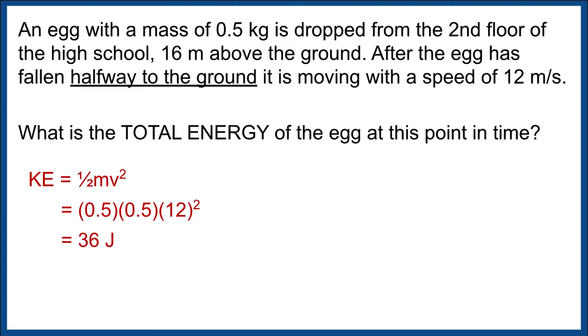The other part of energy is going to be the potential energy. So we would want to use mgh for this. Now, there is an h given, 16 meters, but that's not actually how far where the egg is at this moment. It has fallen halfway to the ground. And so it is halfway above the ground. We would want to take that 16 meters and divide it by 2.